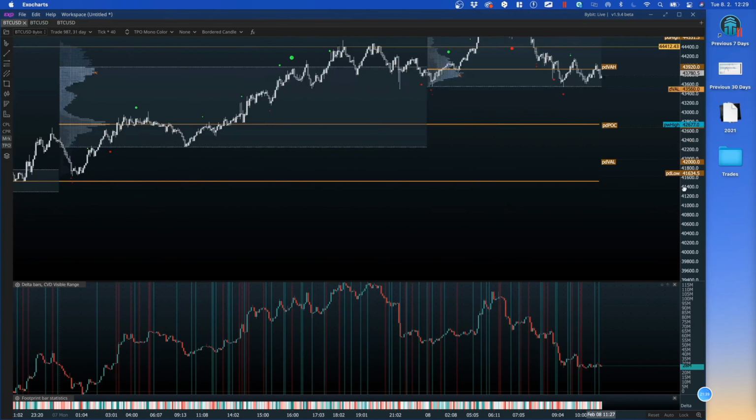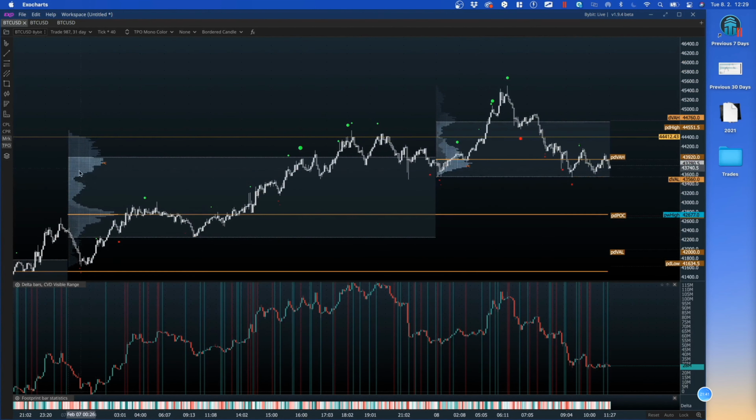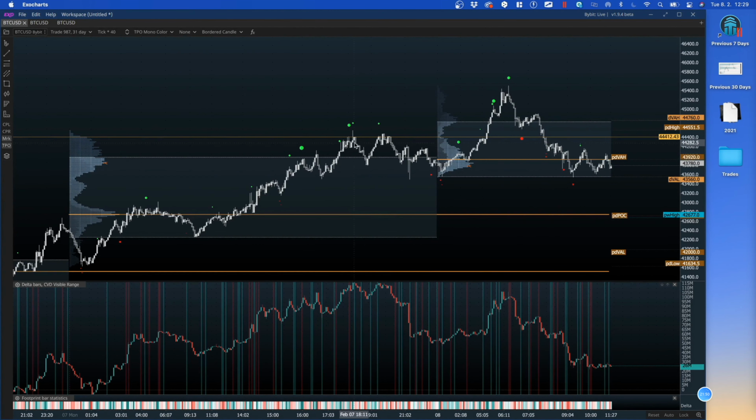This is one of the things that I mentioned about trend days: fading them, you need to have much lower expectations, especially coming into the end of the trading session when volatility dies down. And you can see that we pull back a little bit, but then this huge stop run on a buy bid happened, and the market essentially held it and made a new high before selling off.